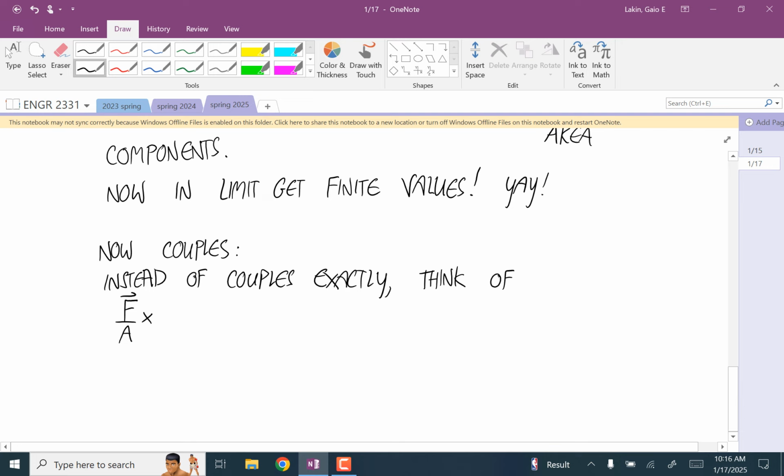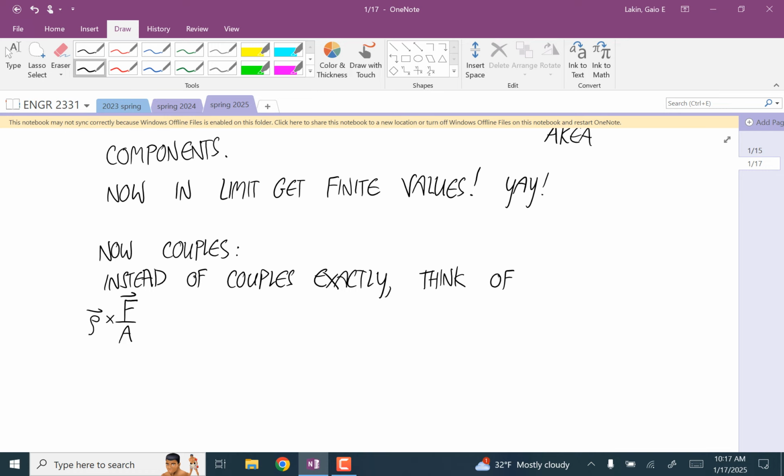A row vector, something like that. Don't worry about the details of this. If we were just thinking about the couples, of course they go to 0 if the forces go to 0. So instead we're going to think of something like a couple, but we'll divide it by the area. Okay? So what happens to that in the limit?